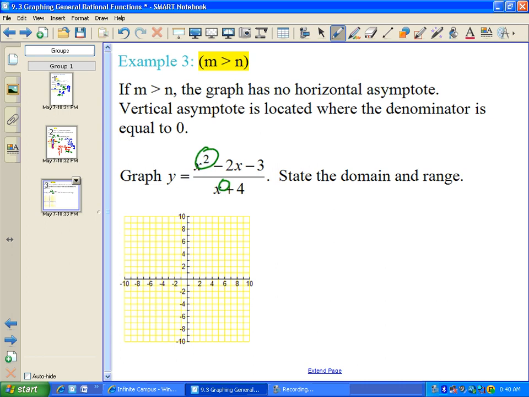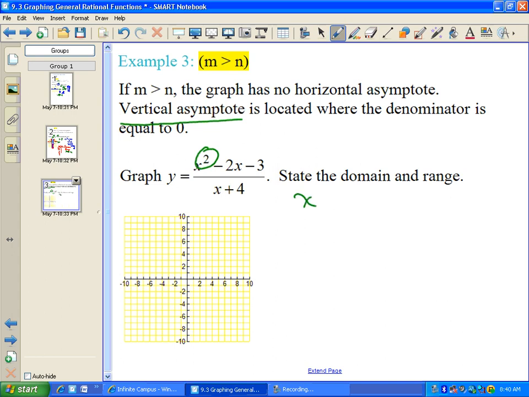There might even look like it's some sort of an angular asymptote. You could have a graph that looks something like this. And again, that's why we use our calculator for these. I'm not going to kill you in this class to do these by hand, but you need to understand what it looks like. For this particular problem, all I need to worry about is a vertical asymptote.